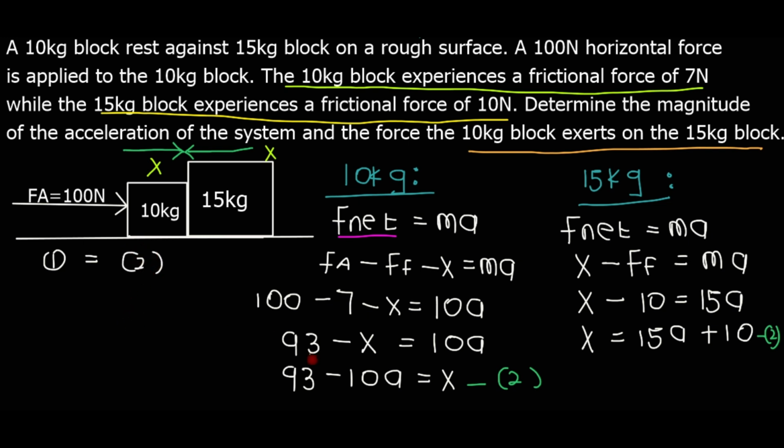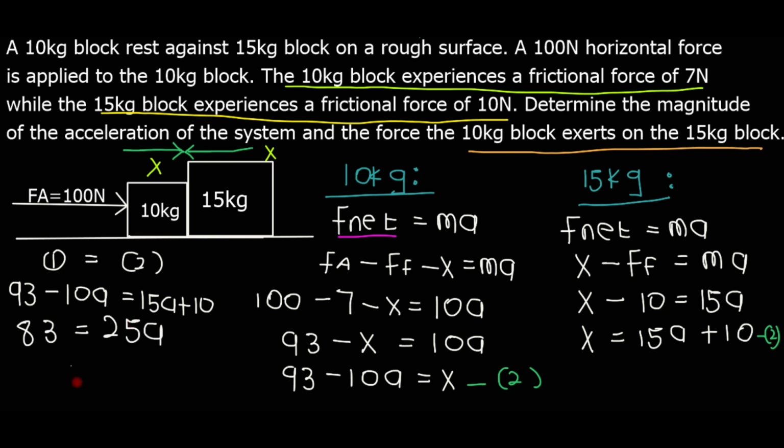So now we equate: 93 minus 10a equals 15a plus 10. Now let's group the like terms. We take this 10 to the left hand side, and it becomes 93 minus 10, which gives us 83. Then we take this negative 10a to the other side and it becomes positive, so we have 15 plus 10, which gives us 25a.